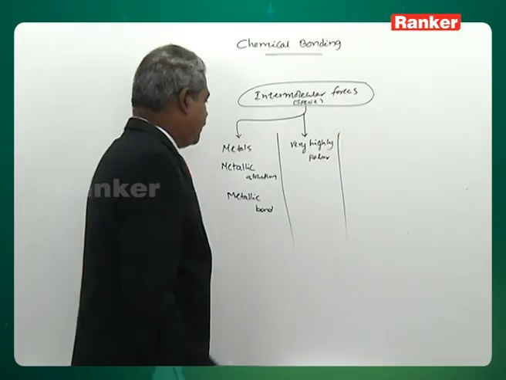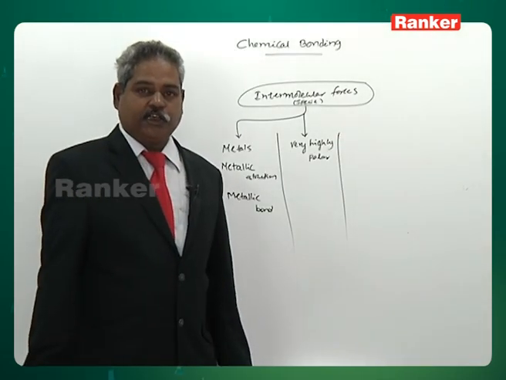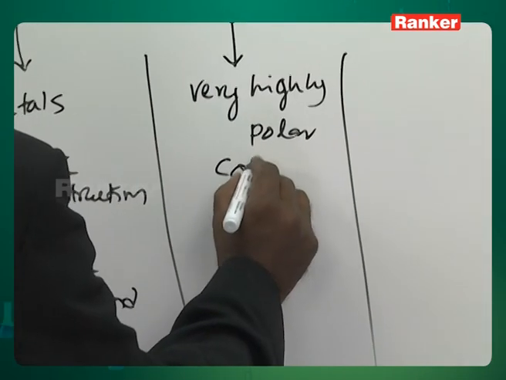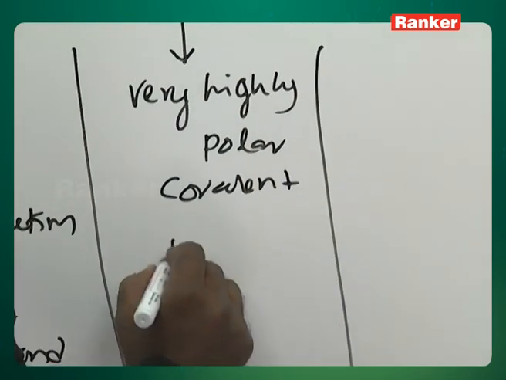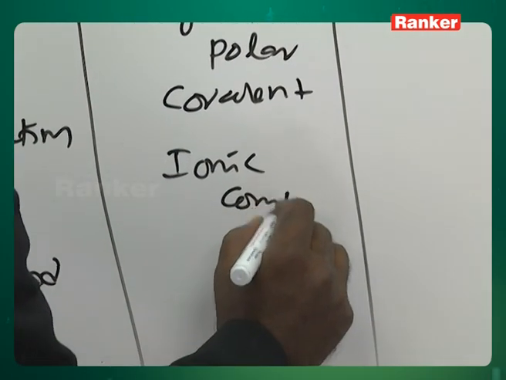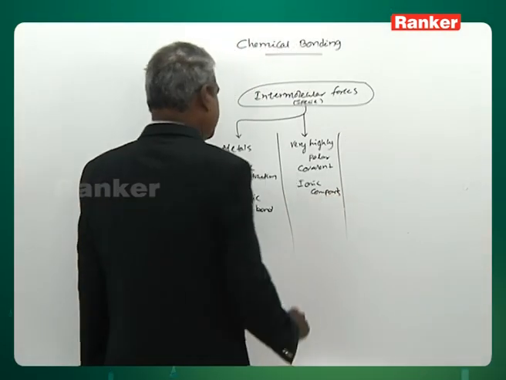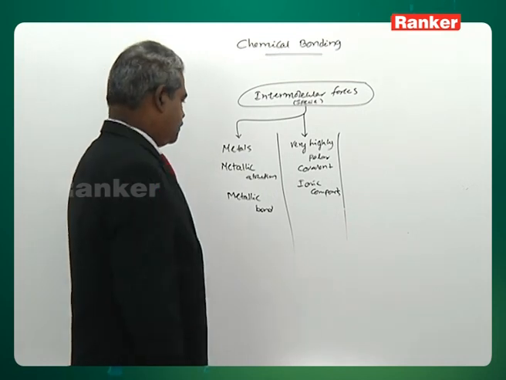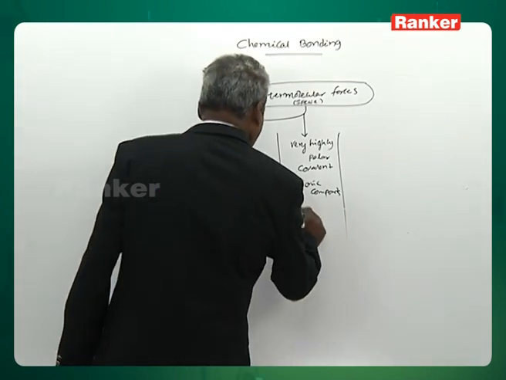What are very highly polar covalent substances? As we were defining, they are ionic compounds. In ionic compounds, the attractions are very highly polar in nature, and the bond is called ionic bond.